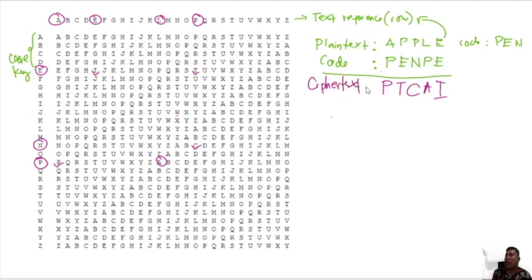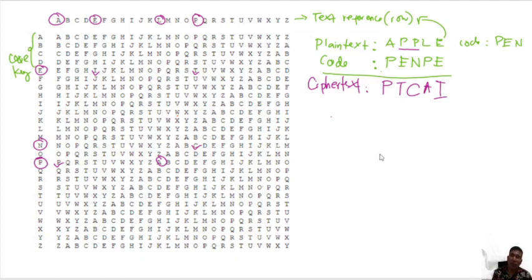It's basically PTCAI. Notice that in the plain text you have two similar letters, which is P. In Caesar cipher, since we have a constant value for our key, the ciphertext equivalent for these letters will be the same.